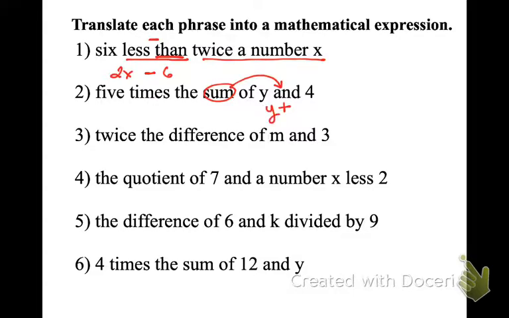Y. What comes right after it? 4. That's the order. But now it says 5 times a sum. It's a quantity. If I put the 5 here, is that 5 times a sum? No, that's just 5 times the y. So what would I do, Lily? You put 5 and then you put y plus 4 in parentheses. The y plus 4 because that is the sum.